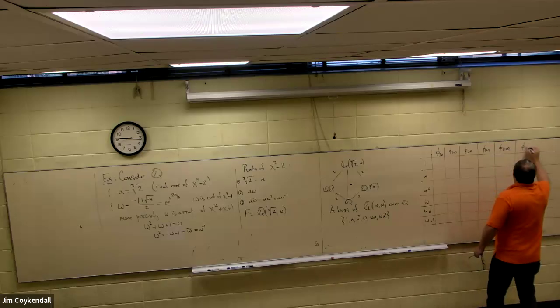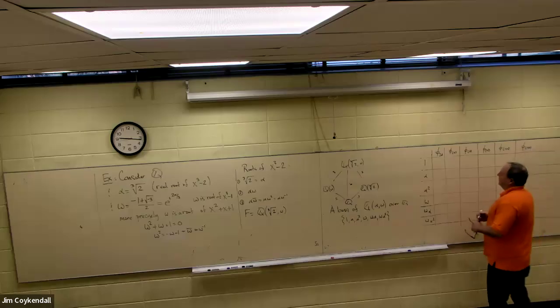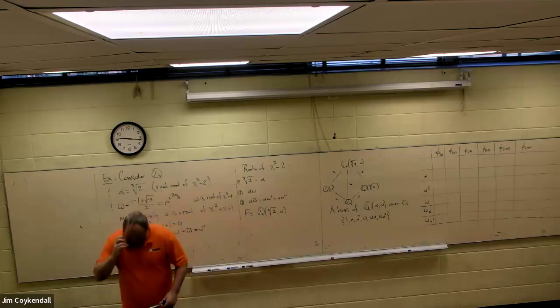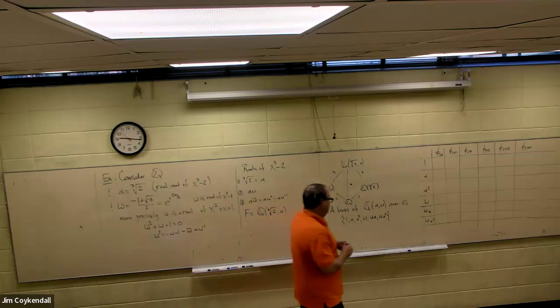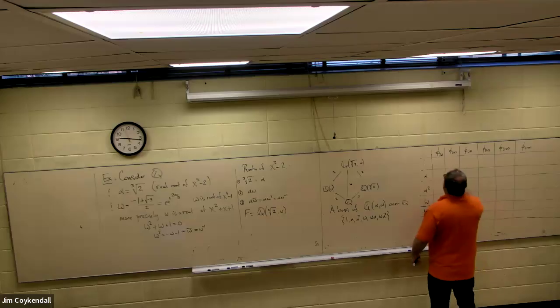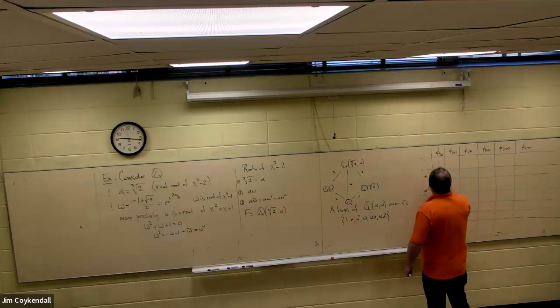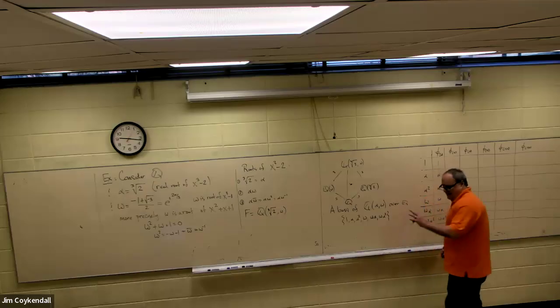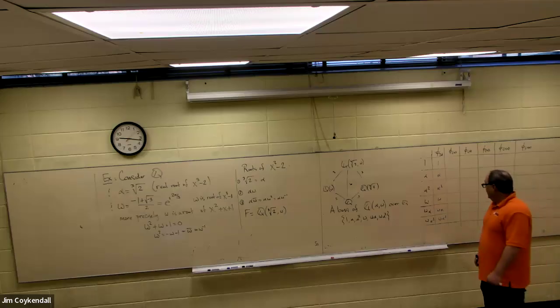B, 1, 2. Okay, so let me kind of record what I want these animals to do. And like I said, I want to focus on what happens here. This is the identity. So yeah, I know what the identity is here.